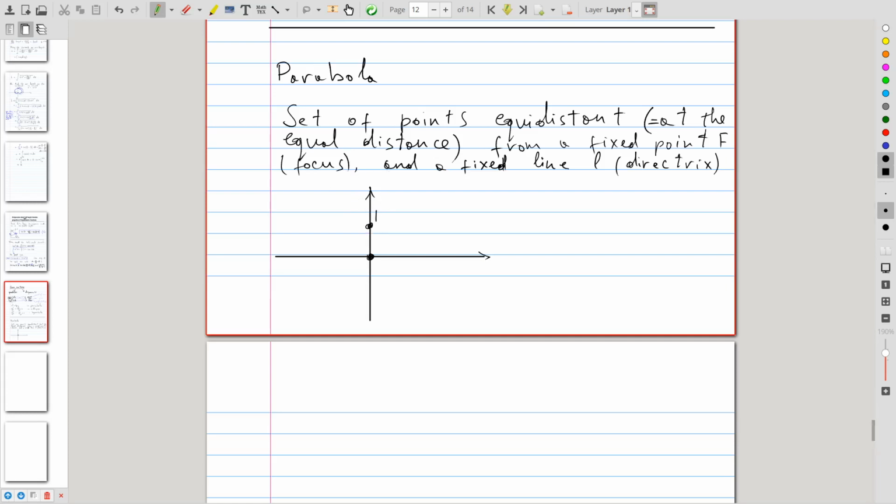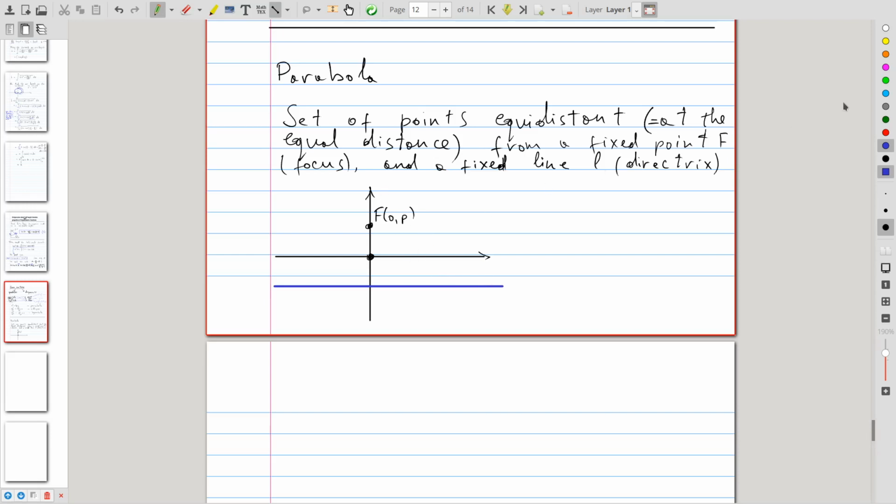So let F have the coordinates 0, p, so it lives on the y-axis, and let the directrix be parallel to the x-axis, like so.